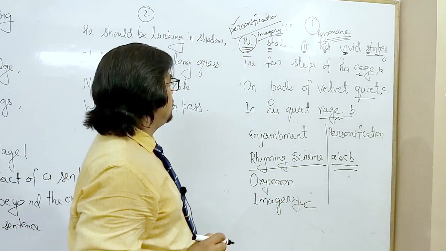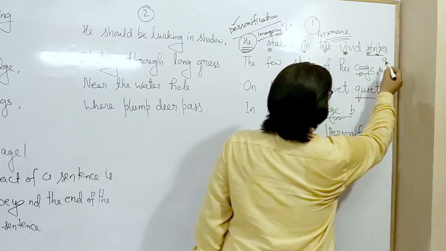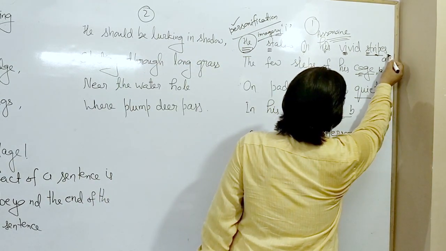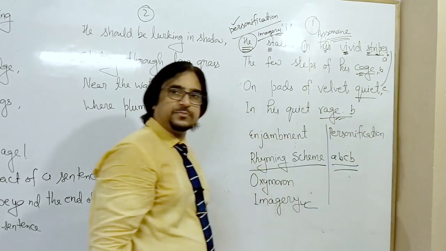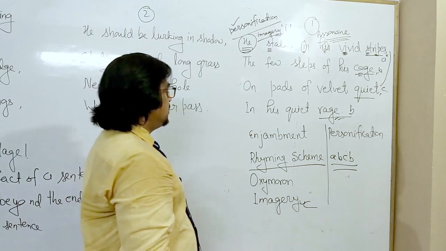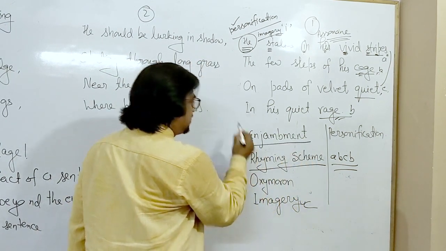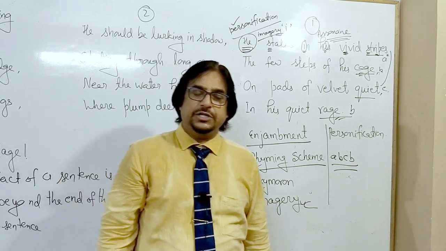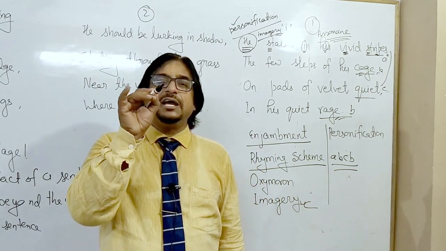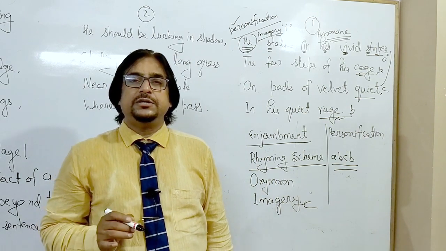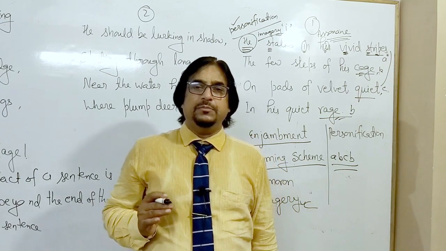Now again, there is no full stop and no comma here. So one poetic device, enjambment, has been used here. Enjambment is when the sentence continues beyond the end of the line of the poem.